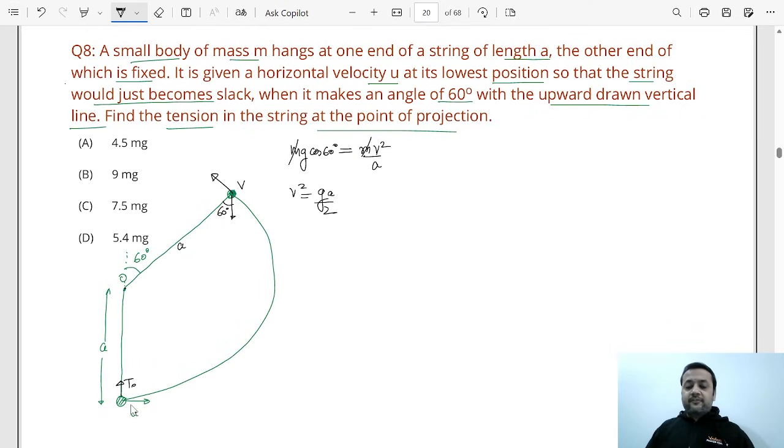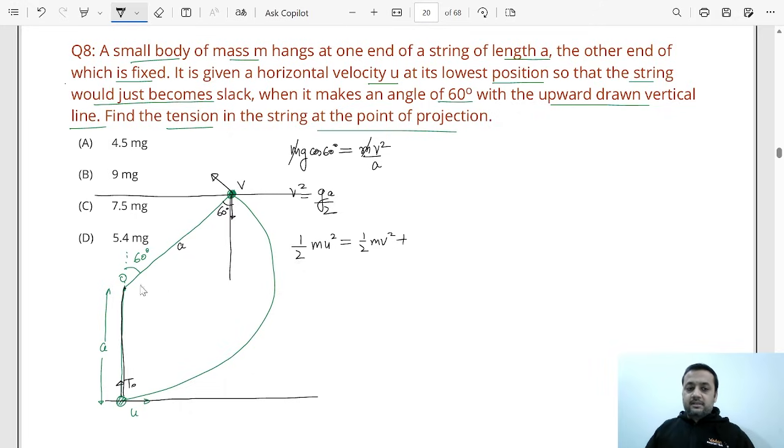Now, if I conserve the energy from u till v, you can say that the initial kinetic energy is half m u square. That will be equal to the kinetic energy at this location, which is half m v square, plus the potential energy at this location. Now, this is the reference level here, and this is the level at which the particle has reached. So how much height has it gone?